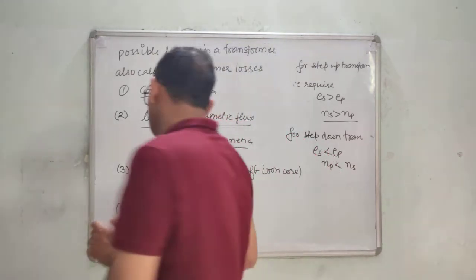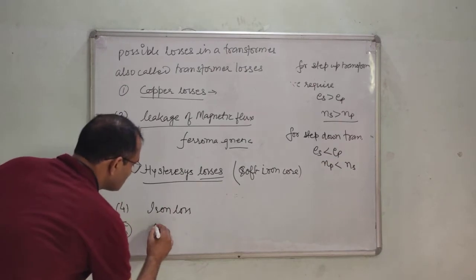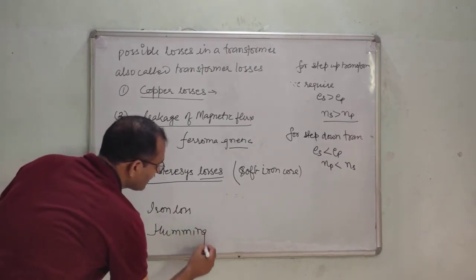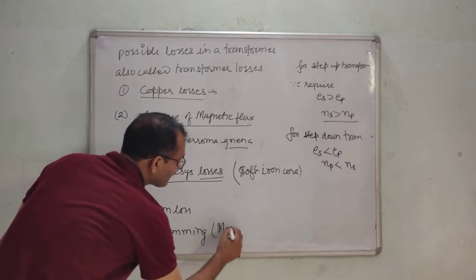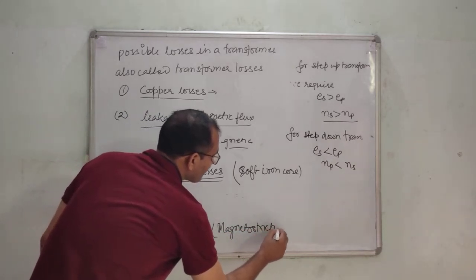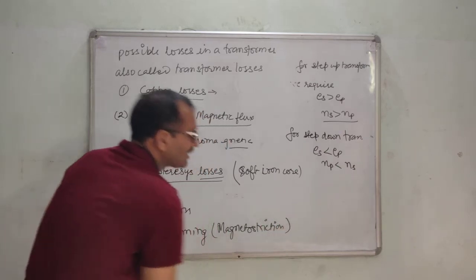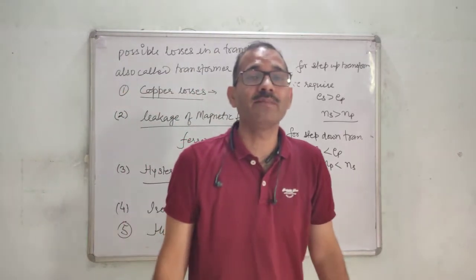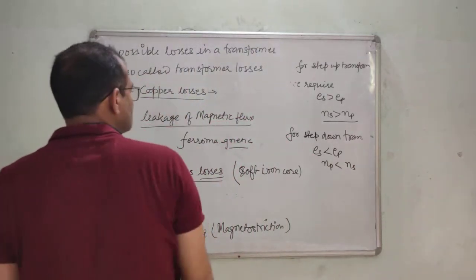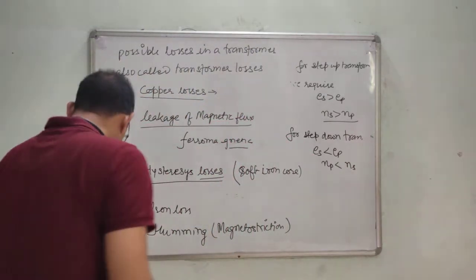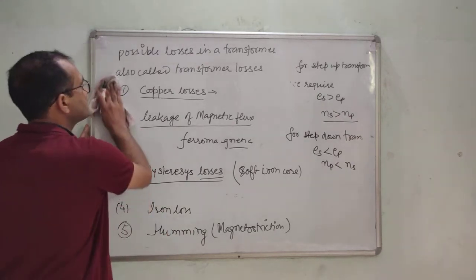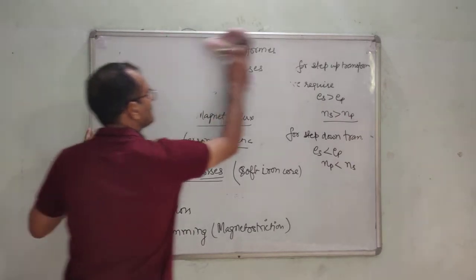That loss is said to be humming, also named magnetostriction. So these are the different losses in a transformer. So there is somewhat of a loss of energy. Therefore, we define what is the efficiency of a transformer.